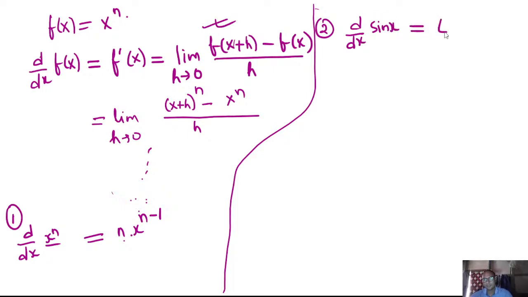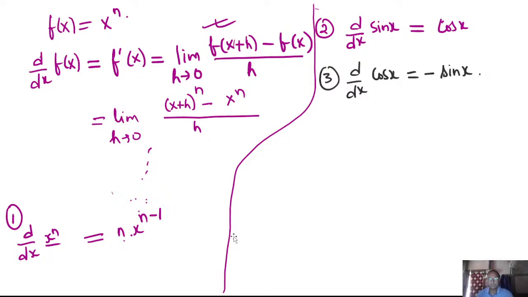Number 2, d by dx of sin x is cos x. Number 3, d by dx of cos x is minus sin x. I think this was done in class 11, though maybe you didn't study it because of the pandemic.